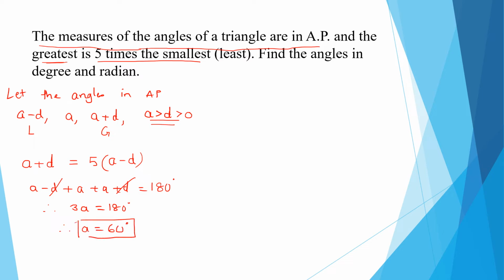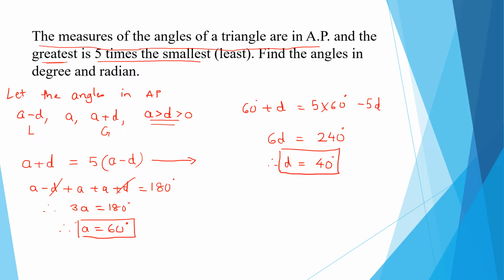Therefore this equation will become 60 degree plus D equals 5 into 60 minus 5D, correct. तो कितना आएगा, 6D is equal to 240 degree, therefore D will be 40 degree. Therefore the angles are 60 minus 40, that is 20 degree, then 60 degree, then 60 plus 40, 100 degree. The angles of the triangle will be 20 degree, 60 degree, 100 degree.